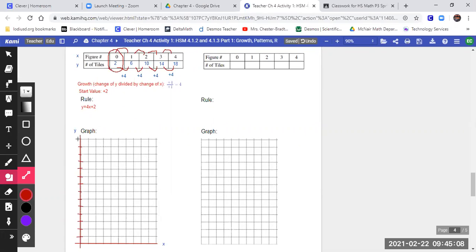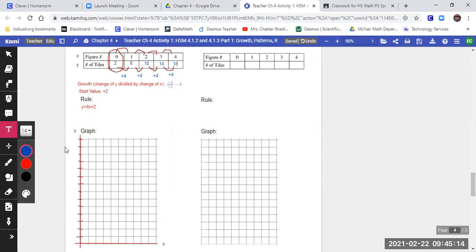So if I'm all the way up here now, how many did I just put in? I went by 2s. How many are on my table? What's my scale going to be for the Y's?